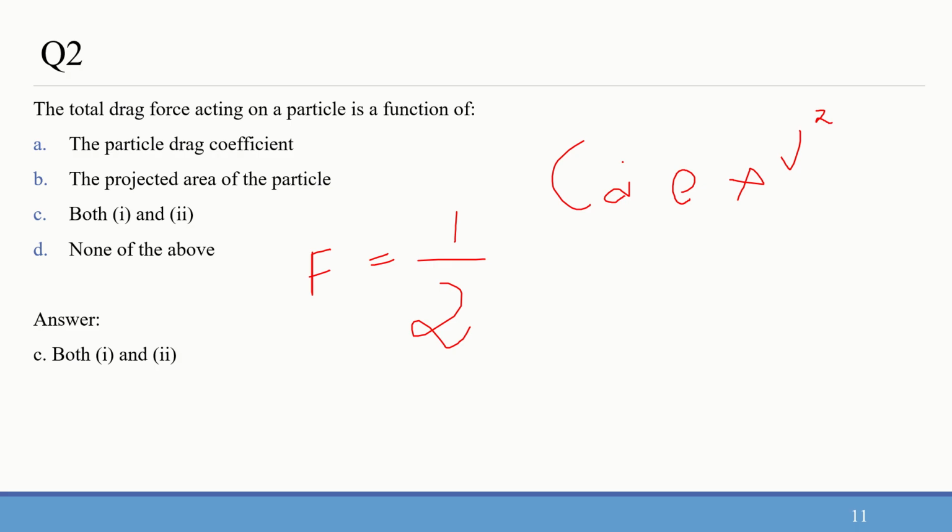So it is a function of projected area, that is this A, and it is a function of drag coefficient. So it is a function of both. Option C is the right answer.